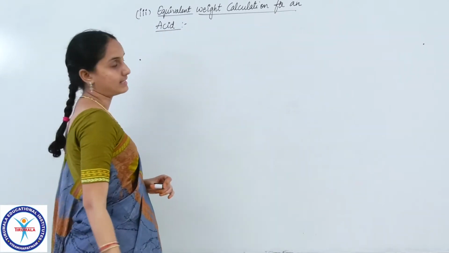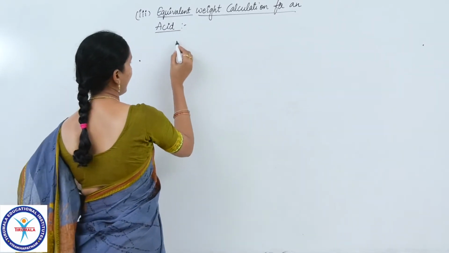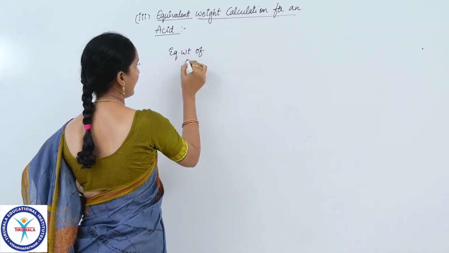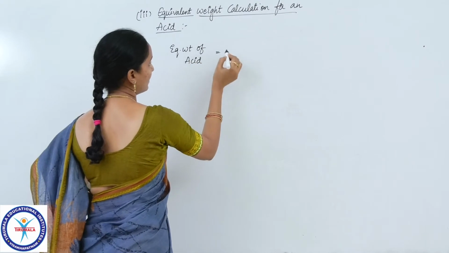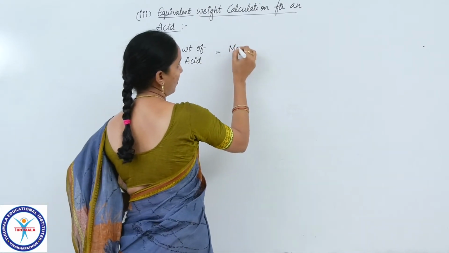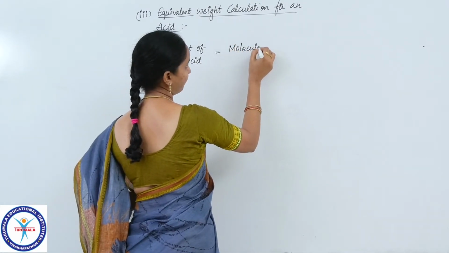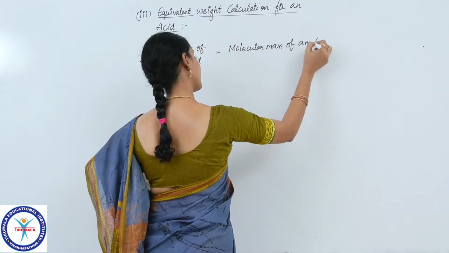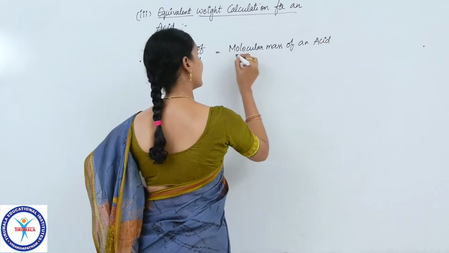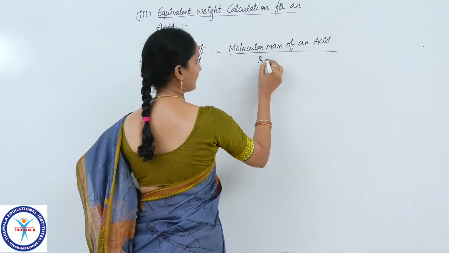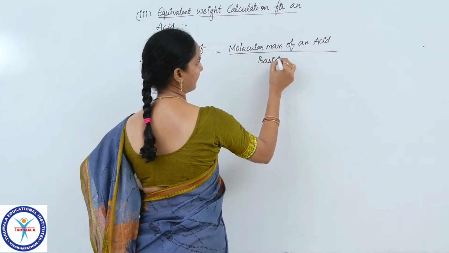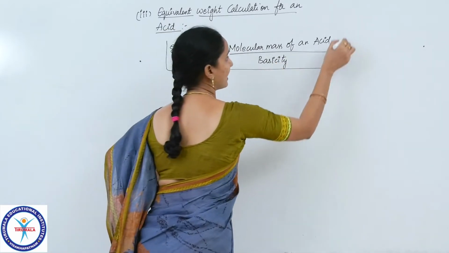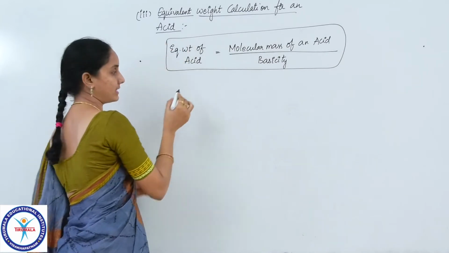If it is an acid, then equivalent weight of acid is equal to molecular mass of an acid divided by its basicity. So this is the formula for the calculation of equivalent weight of an acid.